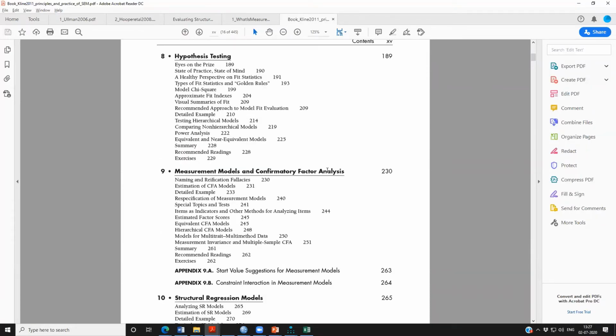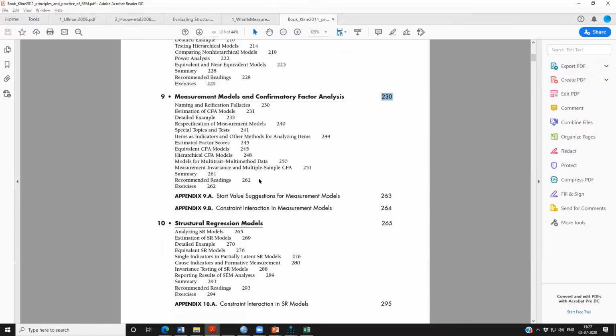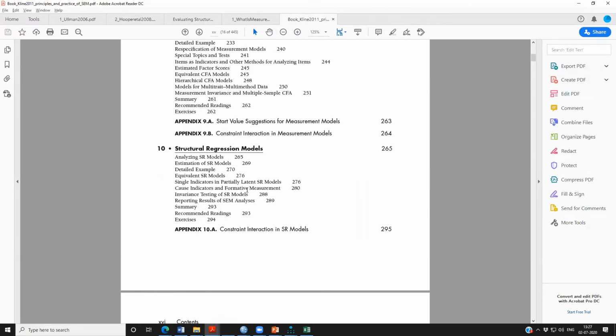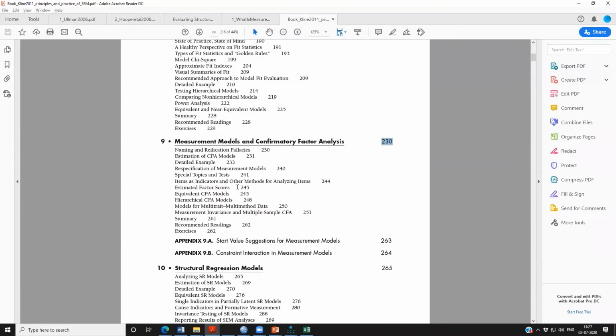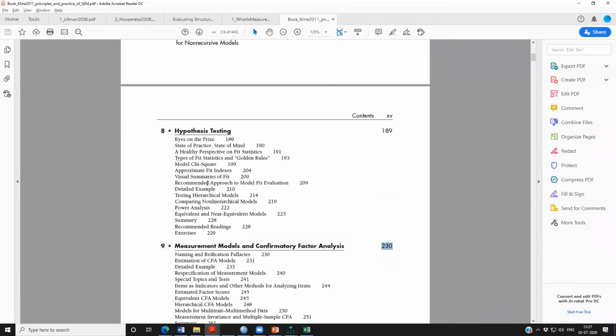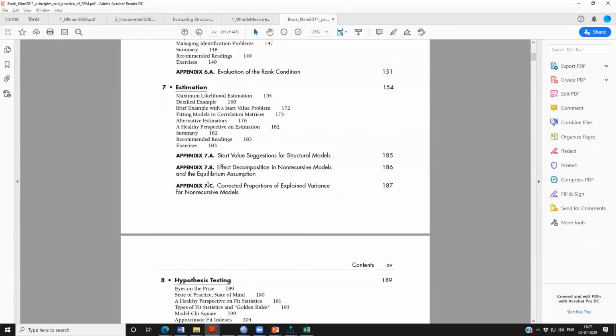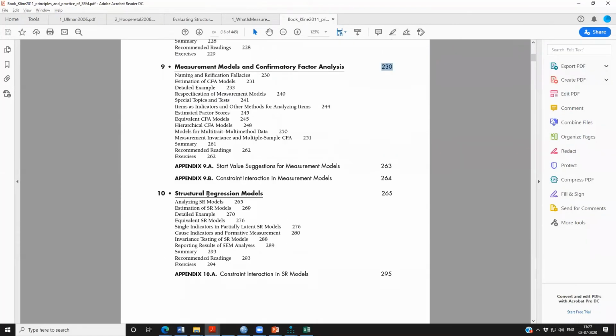You should at least read chapter number 9, on page number 230, where he talks about measurement models and confirmatory factor models, and then structural regression. I think what is most useful is chapters 8, 9, 10, where he is talking about measurement and structural regression.